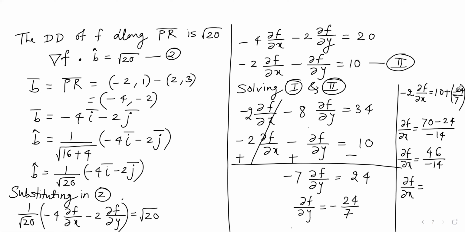When I divide it by 2, minus 23 by 7. Correct? So I have both the values with me. You have to keep a little bit of patience and solve this. So here dabba by dabba x is known now, and dabba by dabba y is also known.